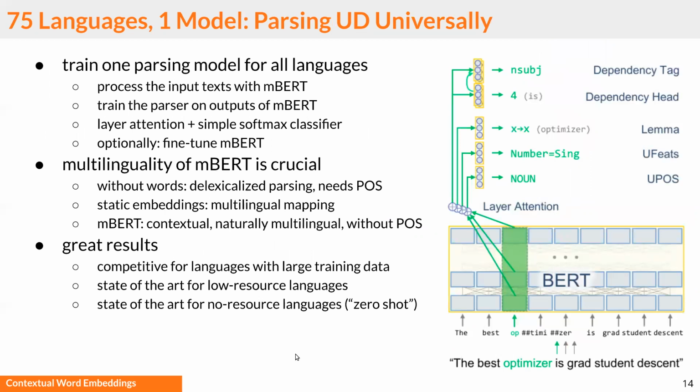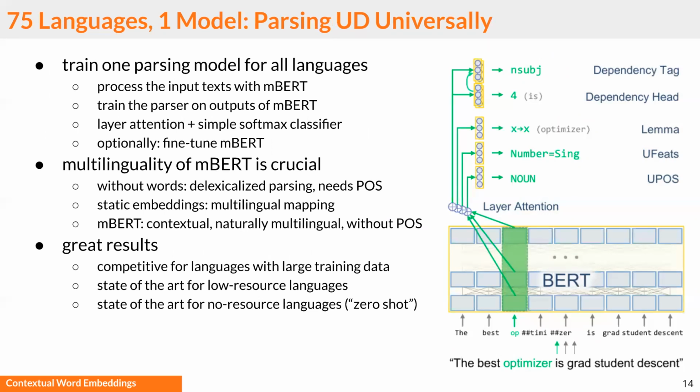And one piece of work by Dan Kondratyuk, who I think was a student of Milan Straka, and I think he got some award for this work. It was his master thesis. The obvious idea is, at this time, there were 75 languages in UD, it's like 2 years ago.